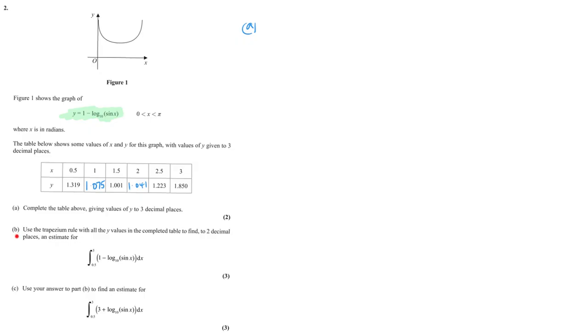Now, Part B is use the trapezium rule. So we've got to do between 3 and 0.5. We're estimating this. So h is b minus a over n, but it always works out to be the difference.